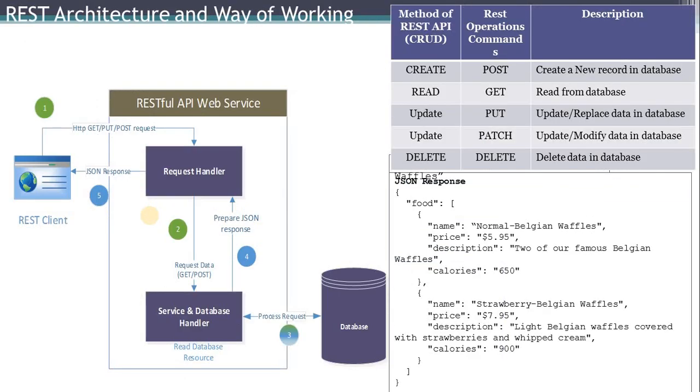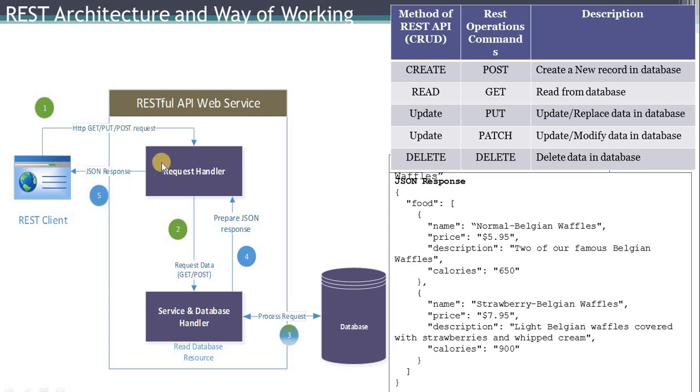If we go further in detail, we can see it here. So how exactly does the architecture work? We have one REST client and the request is sent to the RESTful API web service, that is HTTP GET or POST. These are the different methods which can be used.